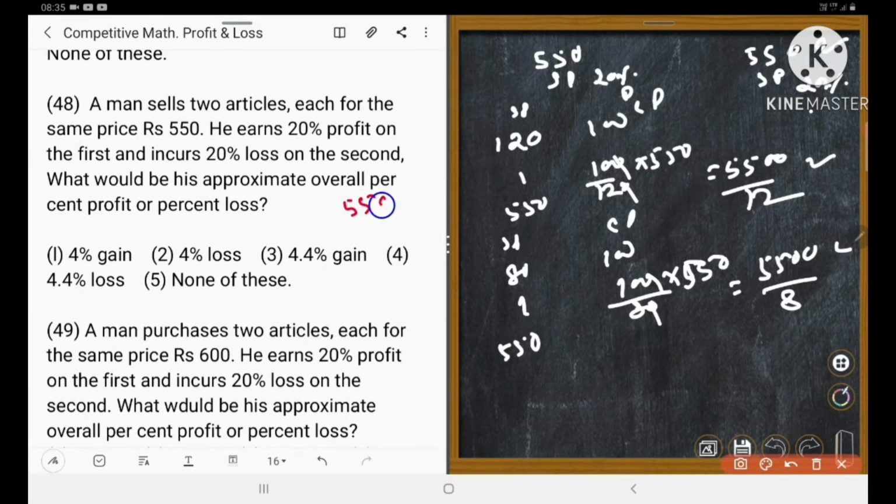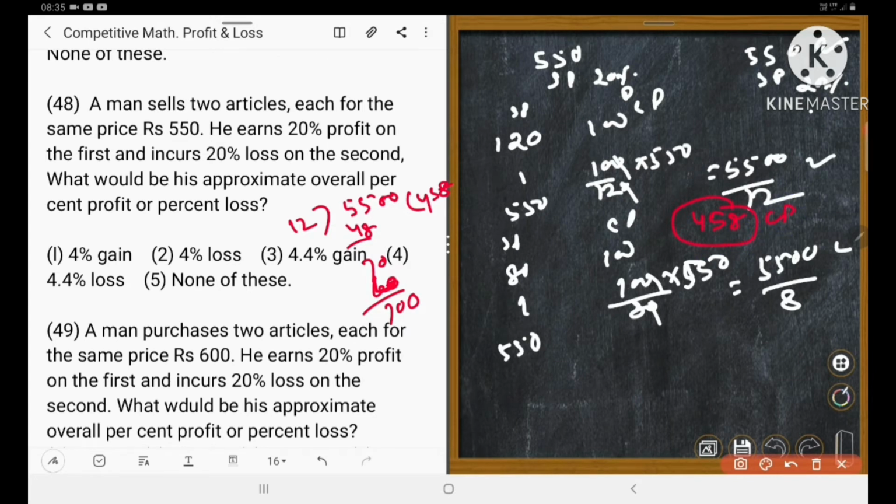5500 upon 12. 12 is equal to how many? 12 fours are 48. 12 fives are 60. So that is first, this is 458 around. This is around CP.